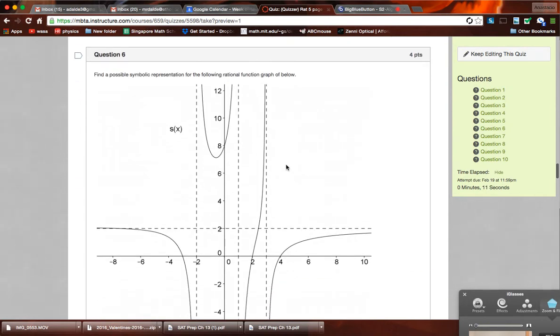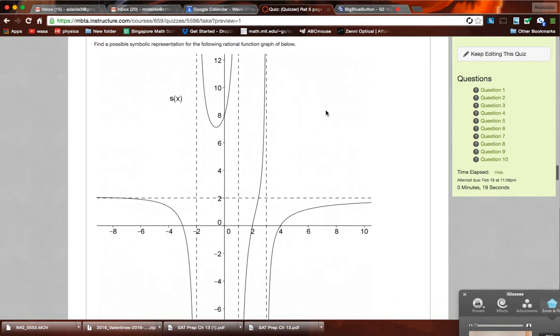I'm going to do this one with no insight, just straight up as best as I can do it. Wow, that thing looks confusing. All right, pull up number 6 for you guys. It's on a new tab so you guys can take a look at it. I'm not going to draw that out, but I will write down some information. I see vertical asymptotes at x = -2, 1, 3, and I see x-intercepts at -3, 2, 4.